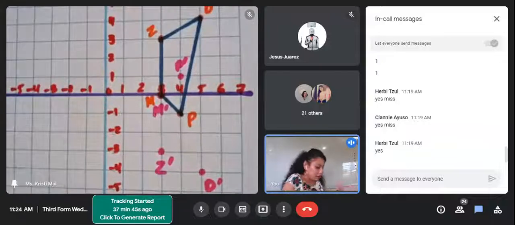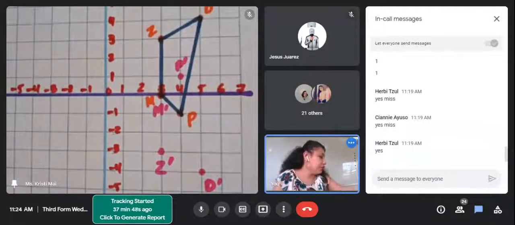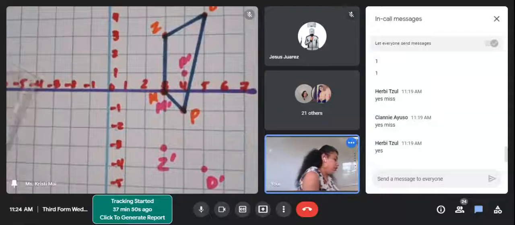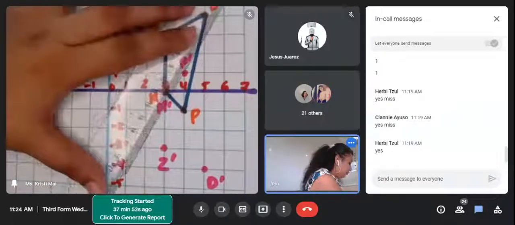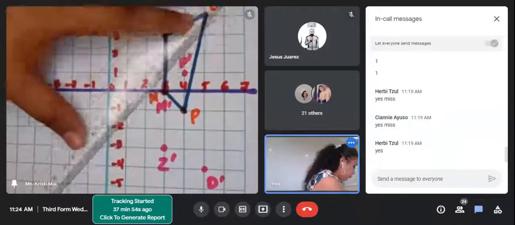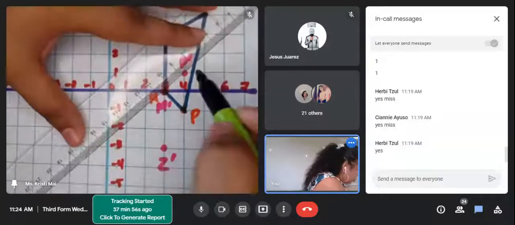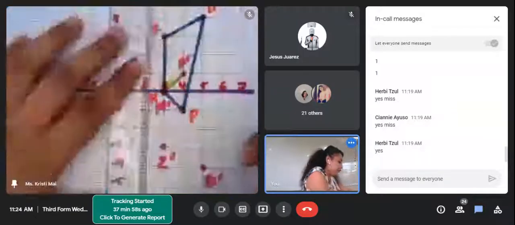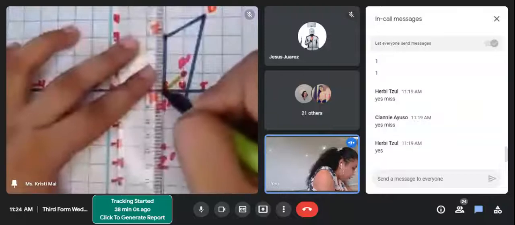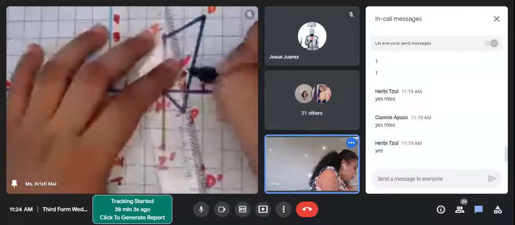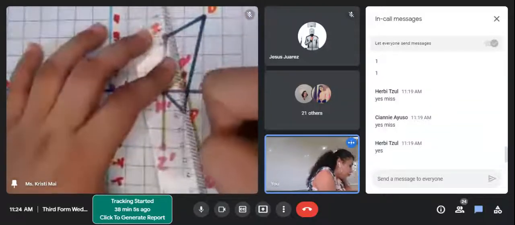And then now I'm gonna connect the points. From here to here. Here to here. And this one.